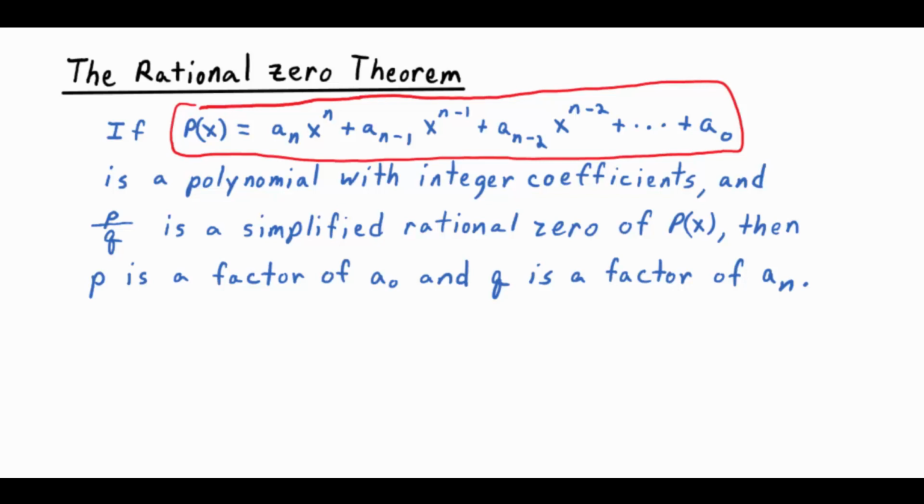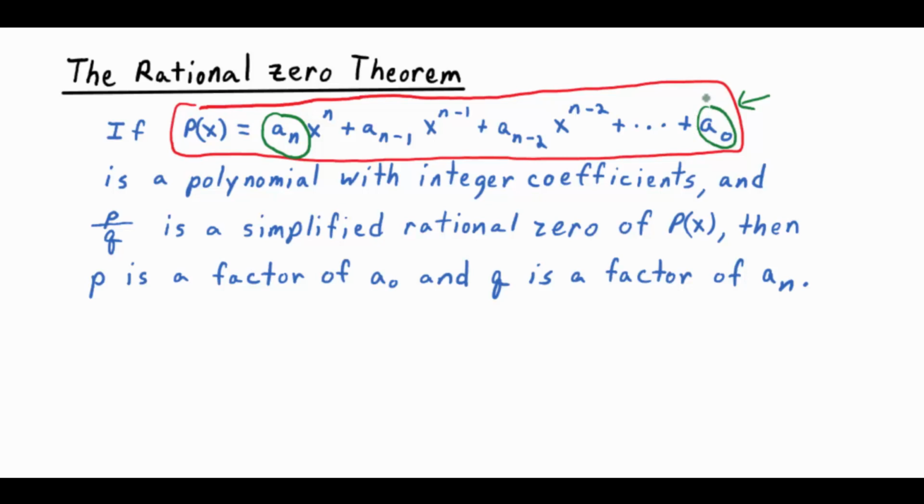What's the generic lead coefficient in this polynomial? If it's written in descending powers of x, which this is, the lead coefficient will actually be in the lead, won't it? So it's a_n. That's the lead coefficient. What's the constant coefficient? a naught. And it'll actually be on the other end, the right end, if it's written in descending powers of x.